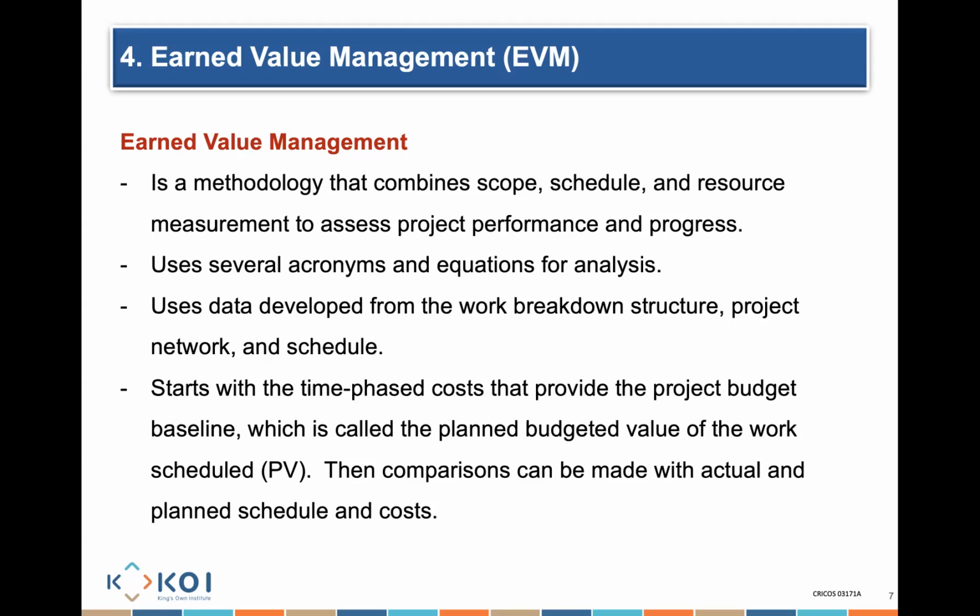So you create that baseline, how much you were planned to spend at a particular point in time, and we'll start making all the comparisons against that baseline. So we start comparing my plan, what was planned to be completed, to how much I'm actually completing and how much it is actually costing me.